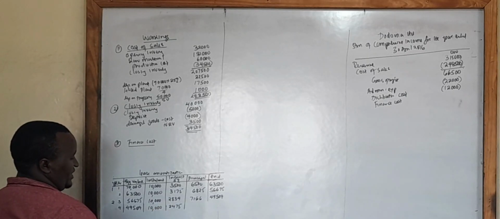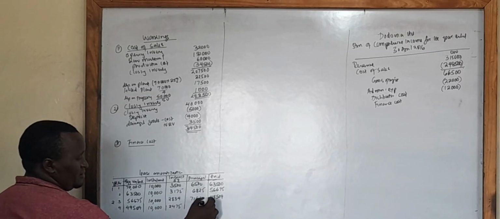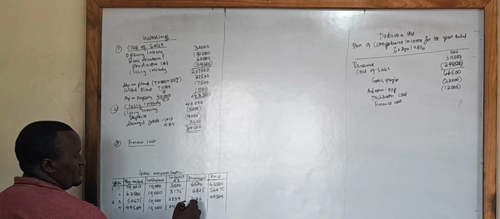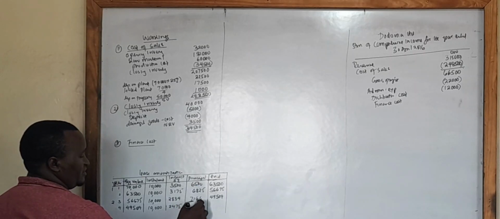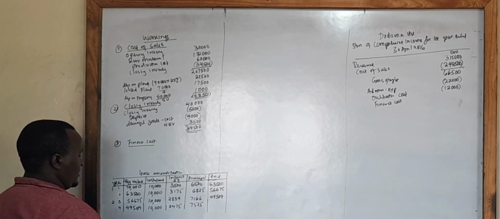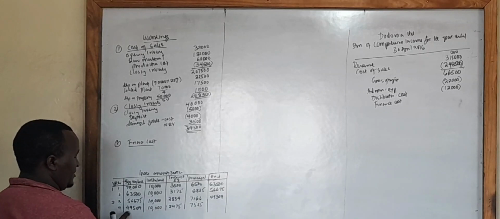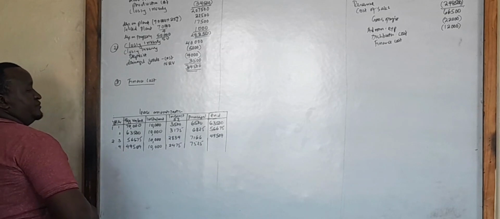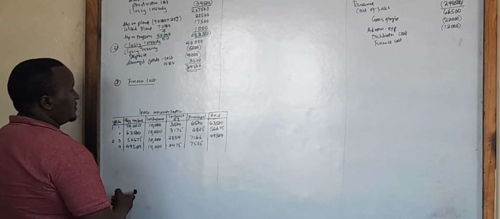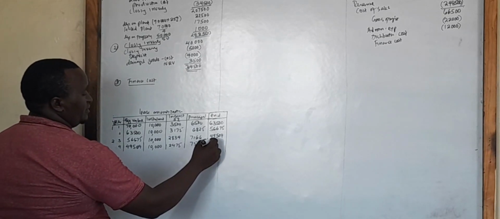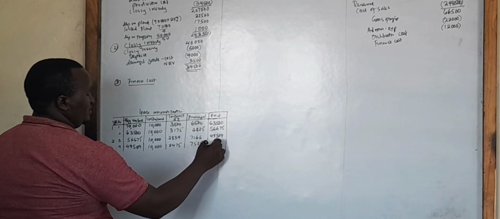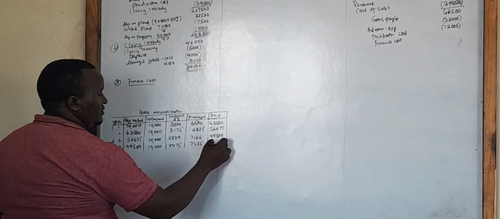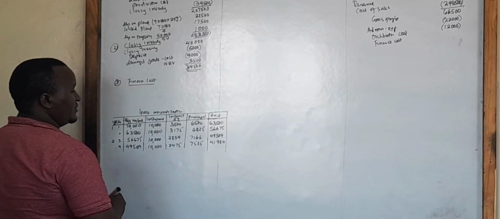175. And you subtract from 49,509. 30,41... 984.